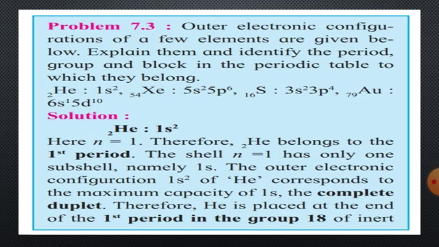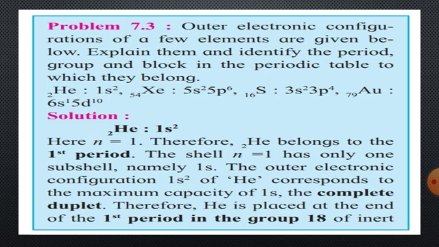Now see, the shell n equal to 1 has only one subshell, namely 1s. As we know, the first shell contains only one subshell, 1s. The outer electronic configuration of helium is 1s2.